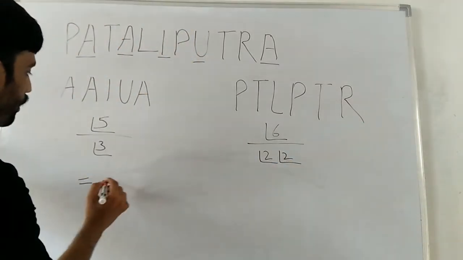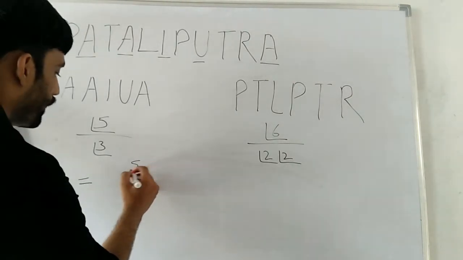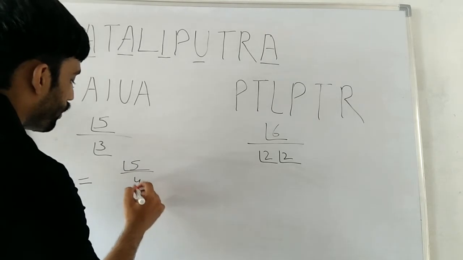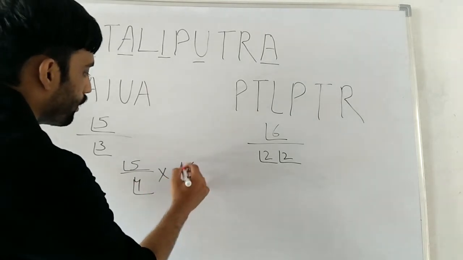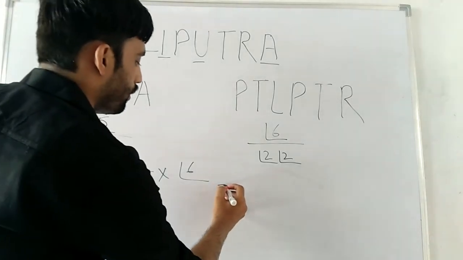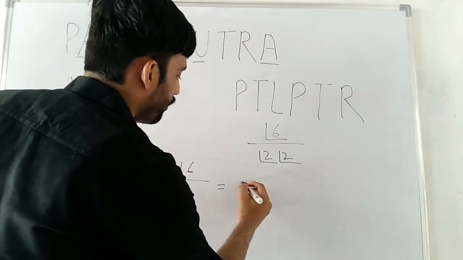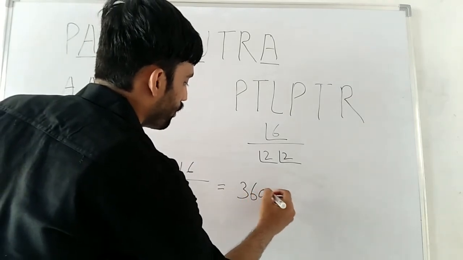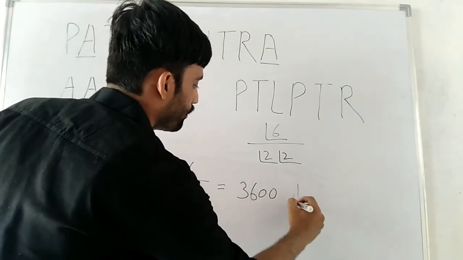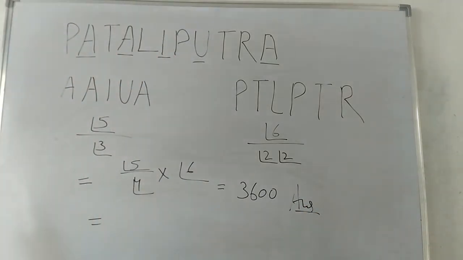So combining both these conditions, the answer will become factorial 5 upon factorial 4 into factorial 6. Means the answer will become 5 into factorial 6, means 3600. Now going to our next question.